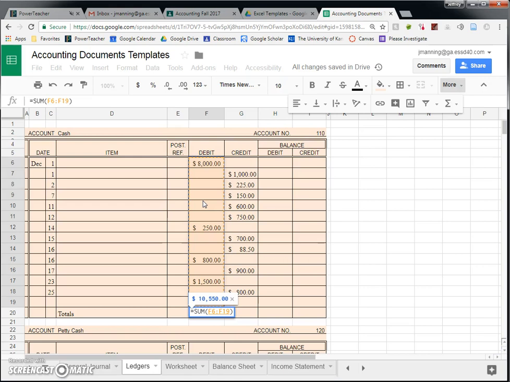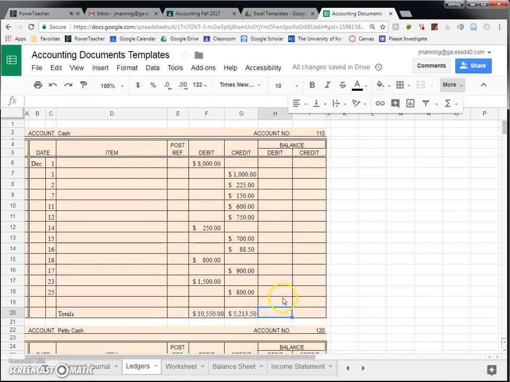So you want to have it calculate even if there's something blank there. There's a good chance that later there won't be a blank thing there. So I hit enter. It gives me my total. Because I did it in this column, I can do an autofill, drag it over to the right, and it gives me the total for credit as well.